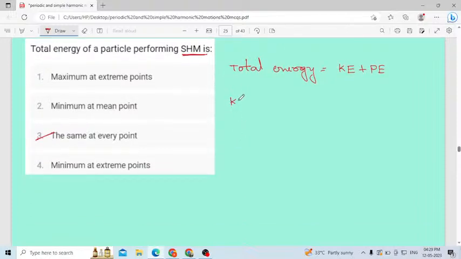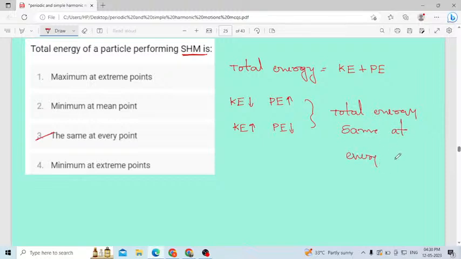Because when kinetic energy decreases, potential energy increases. If kinetic energy increases, potential energy decreases. But the total energy of the system will be the same at every point.